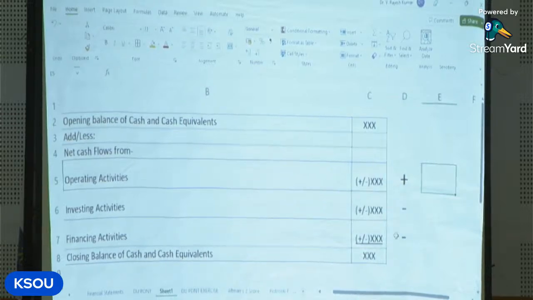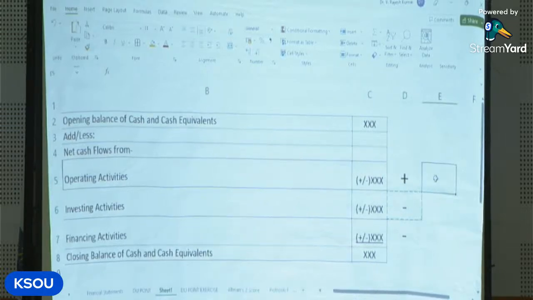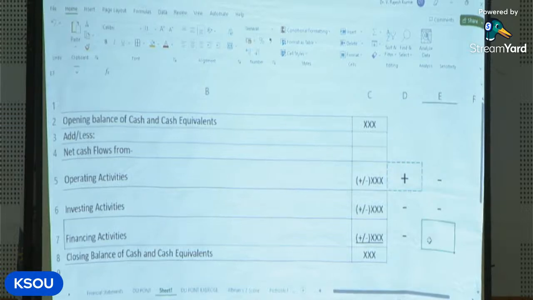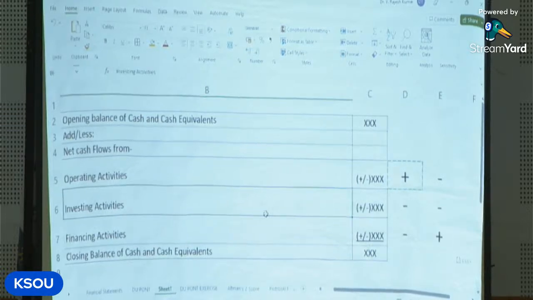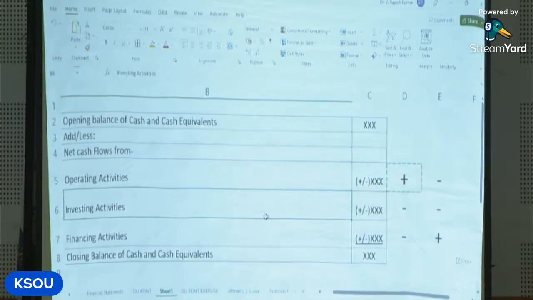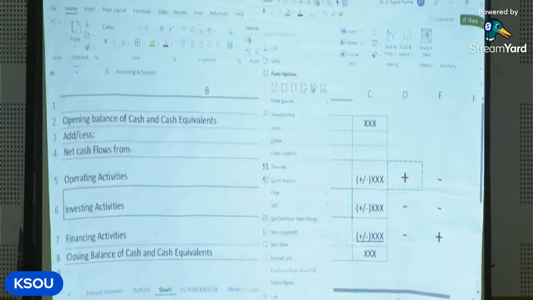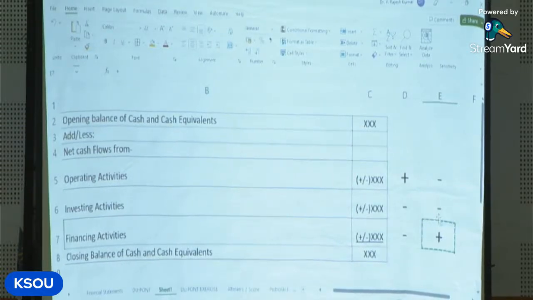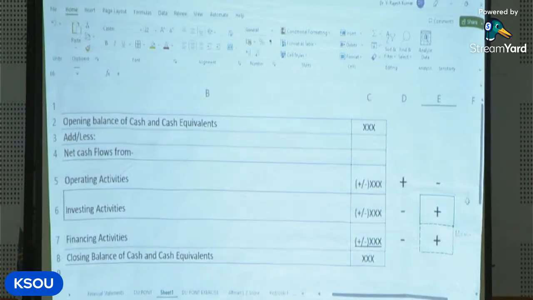Okay. Now I'll give another scenario. Please tell me. Let's say minus, plus, plus.